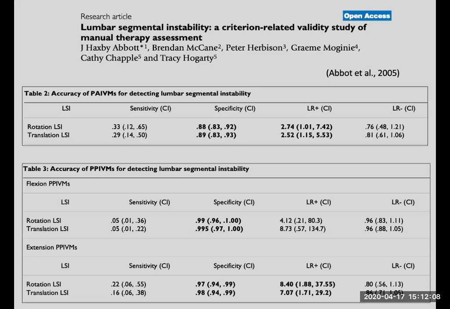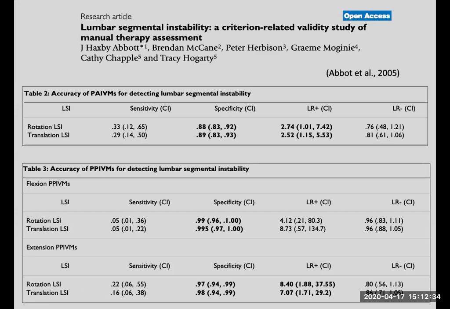And as you can see, our positive likelihood ratio is not really that great when it comes to our PAIVMs, so our PAs, our UPAs. That being said, a little bit better when we get down here to correctly identifying our hypo or hypermobility when it comes to PIVMs, so passive physiologic motion.